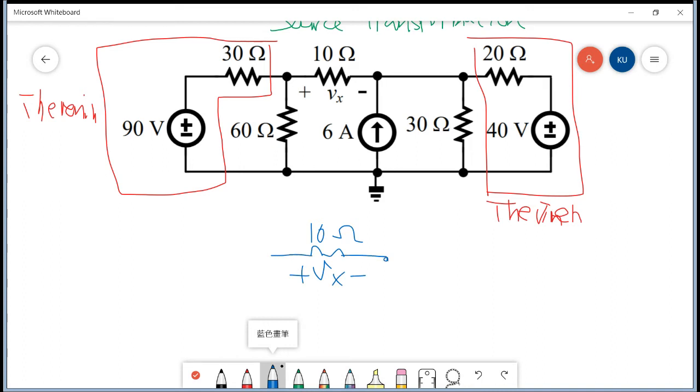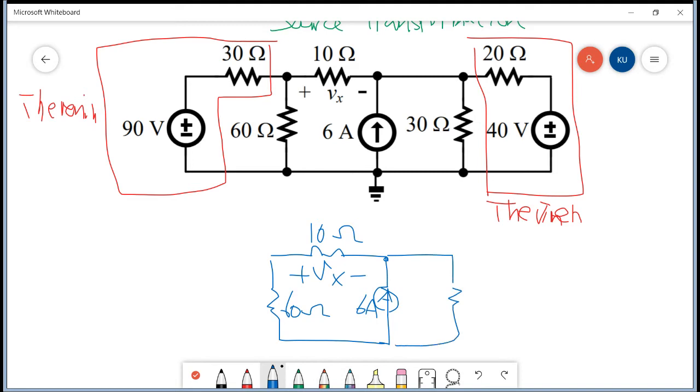So we have a 10 ohm resistance here, and then we have 60 ohm, and then this is 6A, and then this is 30 ohm, and this is ground, and this is the original circuit.